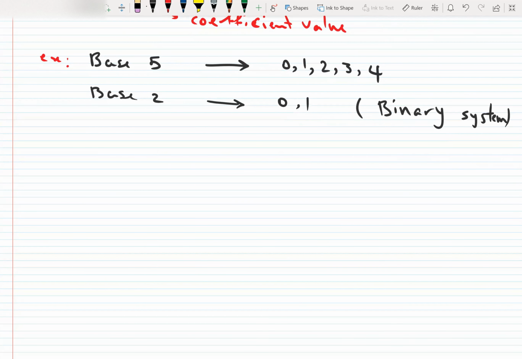In general, a number expressed in base R has coefficients multiplied by powers of R in order to convert them to base 10. So we can simply convert any number in any base to base 10 by considering the power of R for each coefficient. Let me write it here.